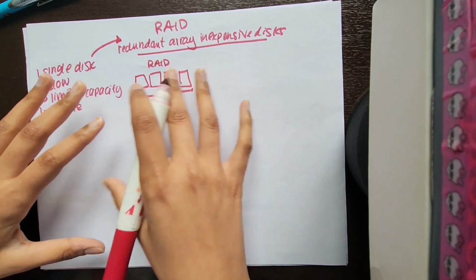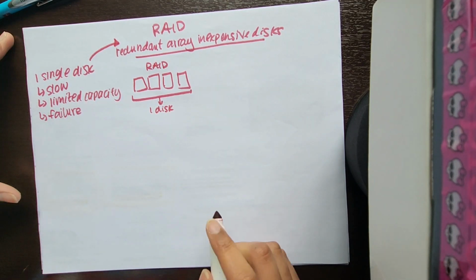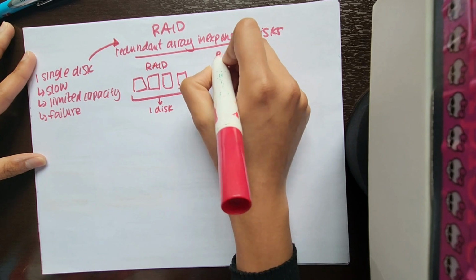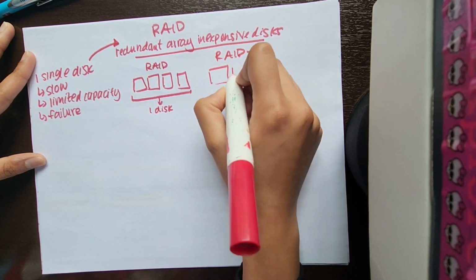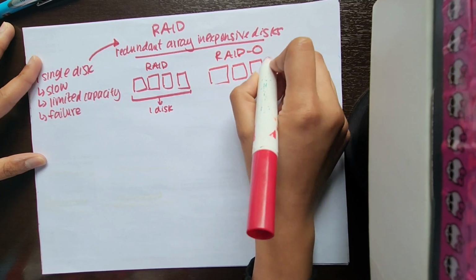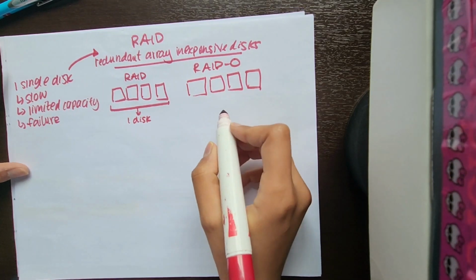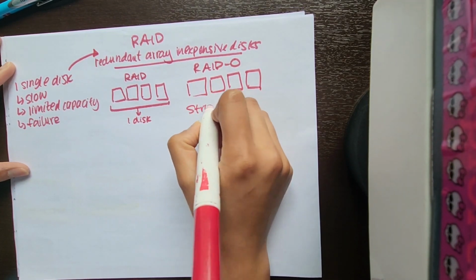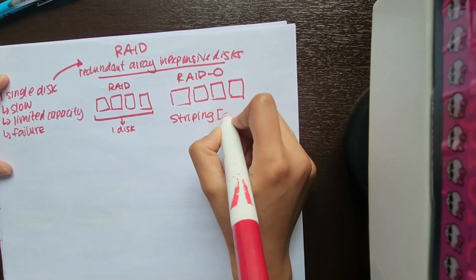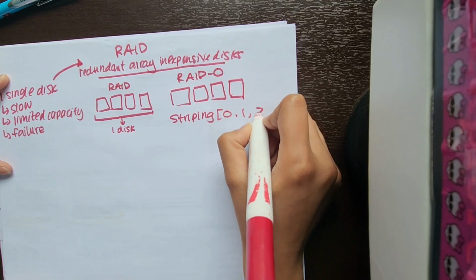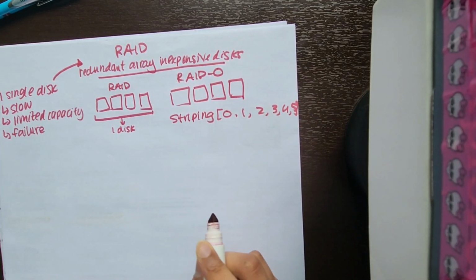So there are multiple ways RAID can be done. There's this model of RAID 0. Let's again assume that we have 4 disks. RAID 0, or well, all of them, use striping as a means of storing their data. This just means pretend you have an array 0, 1, 2, 3, 4, 5, right?